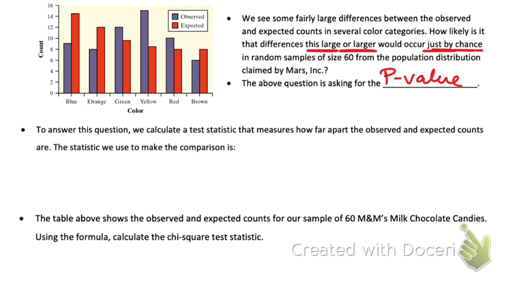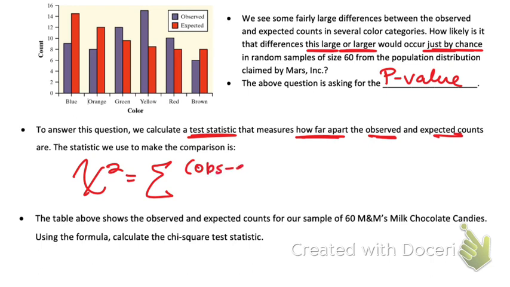To answer this question, we get the chi-squared test statistic, which measures how far the observed and the expected are from each other. Chi-squared is the sum of the observed minus the expected squared divided by the expected. We did that for each color and then added them all up.